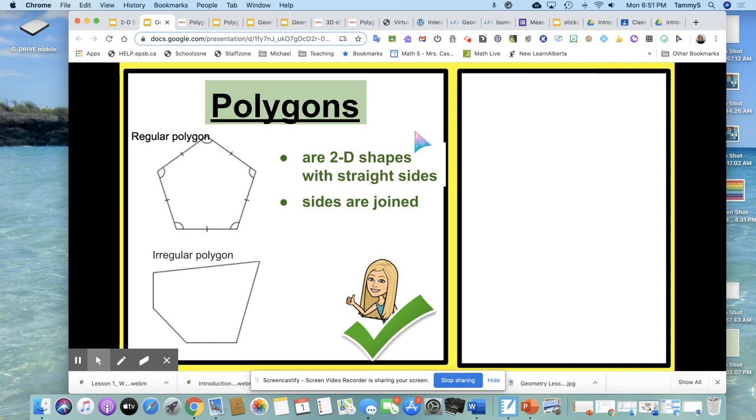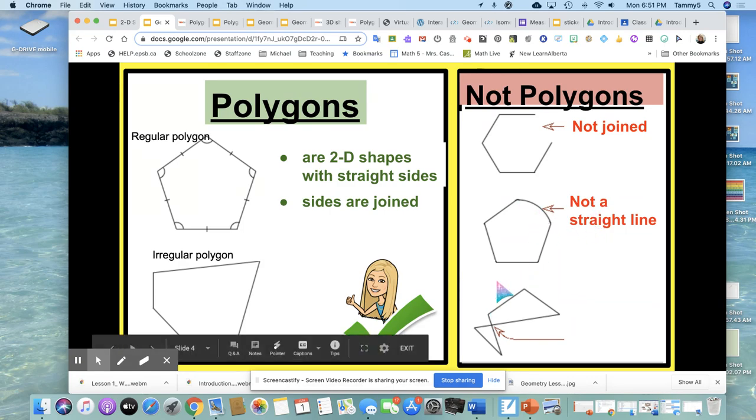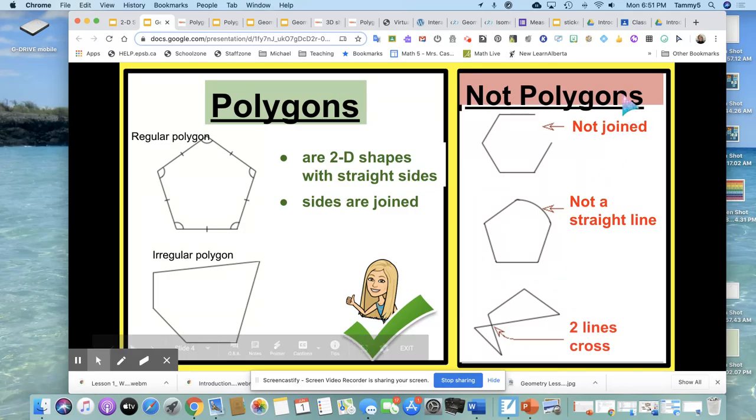We call this an irregular polygon. Figures that are not polygons are not joined together. They don't have straight lines. And lastly, if you see a figure with the lines crossed, that also is not a polygon.